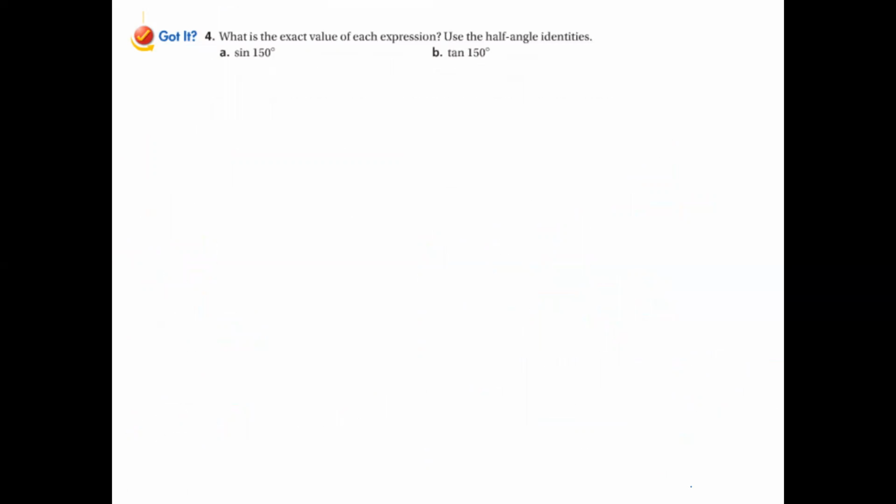Now, what is the exact value of sine 150? The same way, we write sine 150 as sine of 300 over 2. In quadrant 2, the sine is positive, so it will be positive. Then the square root of (1 minus cosine 300) over 2, where cosine 300 is 1 over 2.